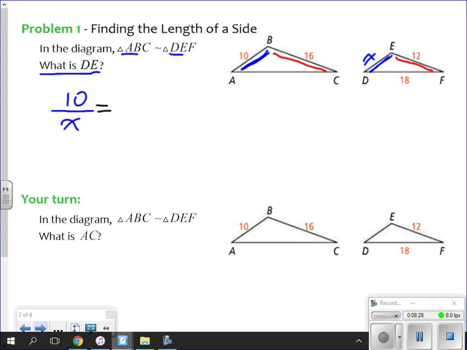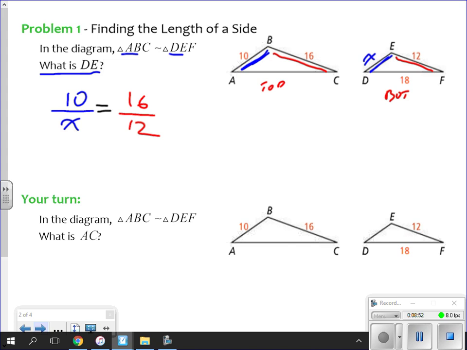Now, this triangle was on the top in the first one. This one was on the bottom. So that means the corresponding sides, let's do that again. I have 16 over 12. 10 and 16 came from the same triangle. X and 12 came from the same triangle. Okay, does that make sense?